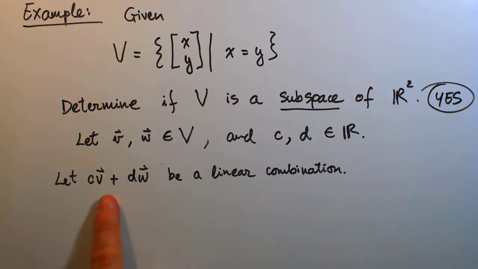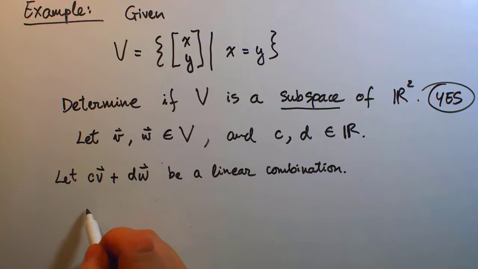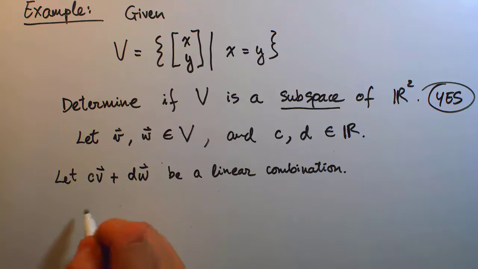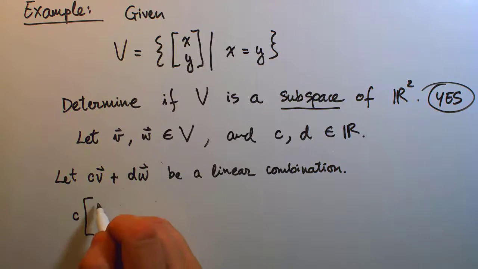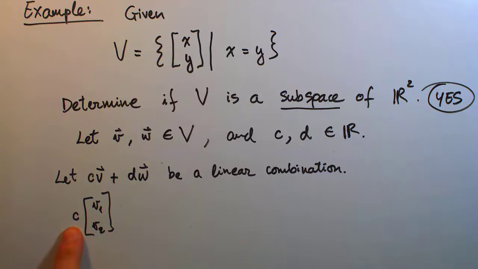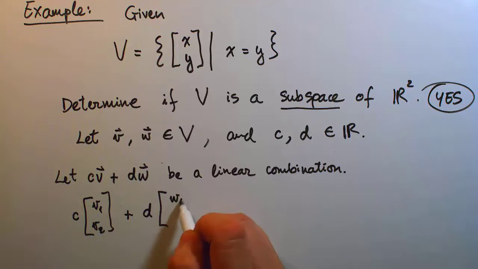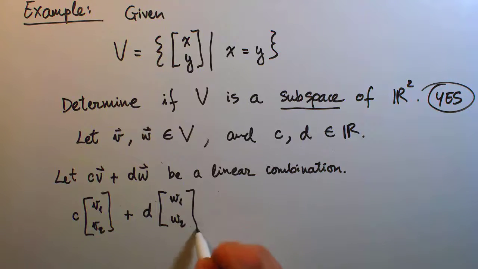Once we say that this is a linear combination, let's develop it a little further and break it down into components. Generally, as we've learned in any linear algebra class, V1 is the first component and V2 is the second, so CV is the same as the scalar C times the column vector V1, V2, plus the scalar D multiplying the column vector W1, W2.